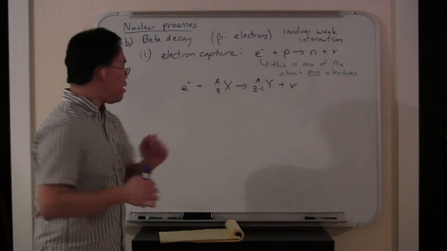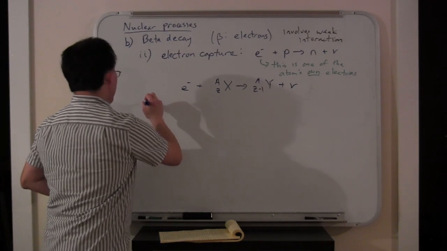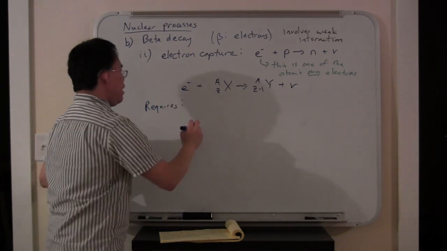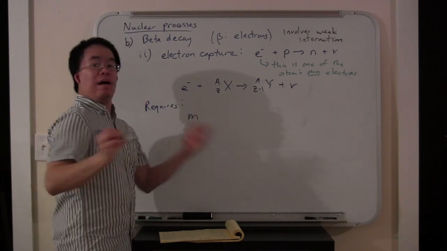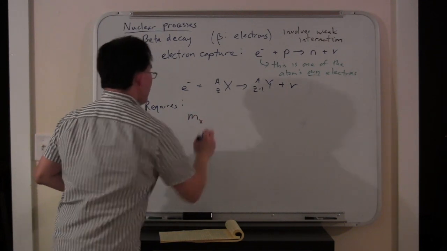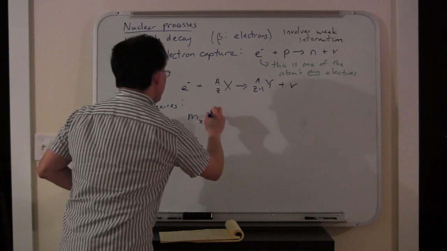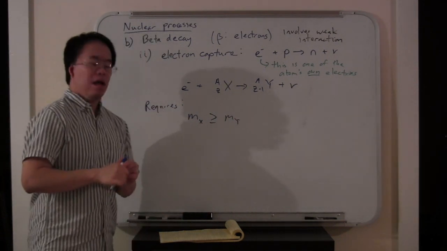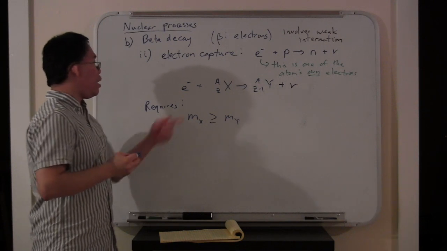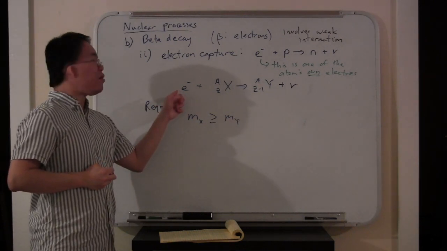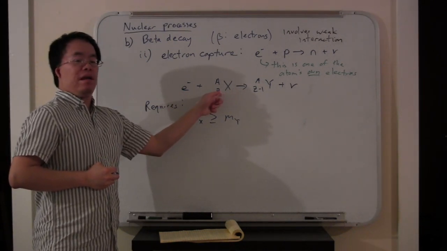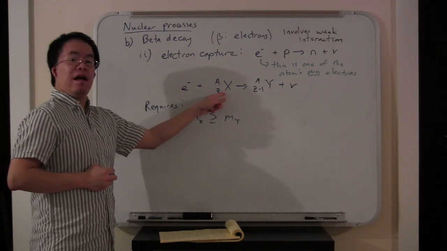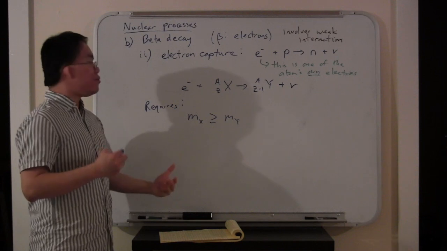Oh, and one more thing, the criterion for this to happen requires that the atomic mass of the parent be greater than the atomic mass of the daughter. Just to be clear on why, since this electron is already part of, comes from this atom, the atomic mass of the parent already includes that.